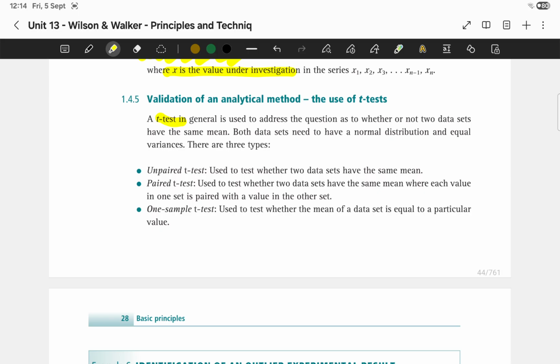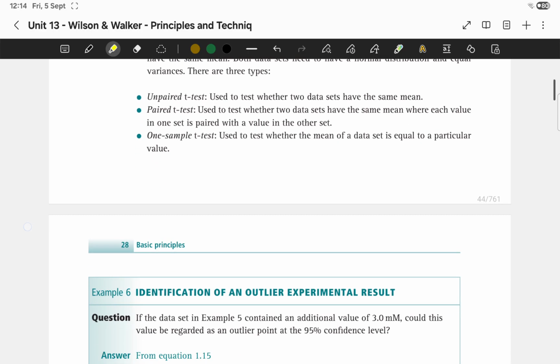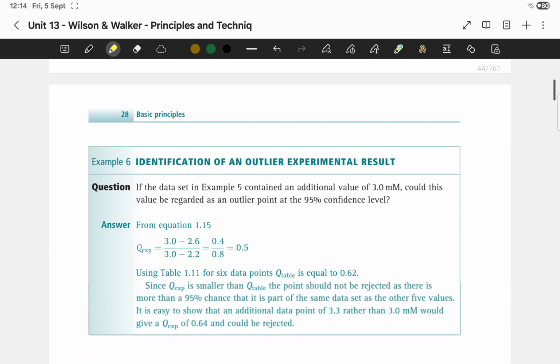The paired t-test is used to test whether two data sets have the same mean, where each value in one set is paired with a value of the other. The one-sample t-test is used to test whether the mean of the data set is equal to a particular value.